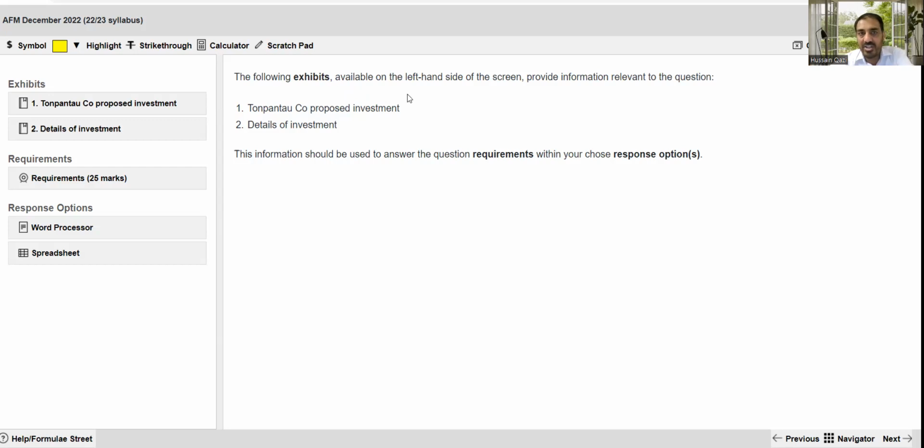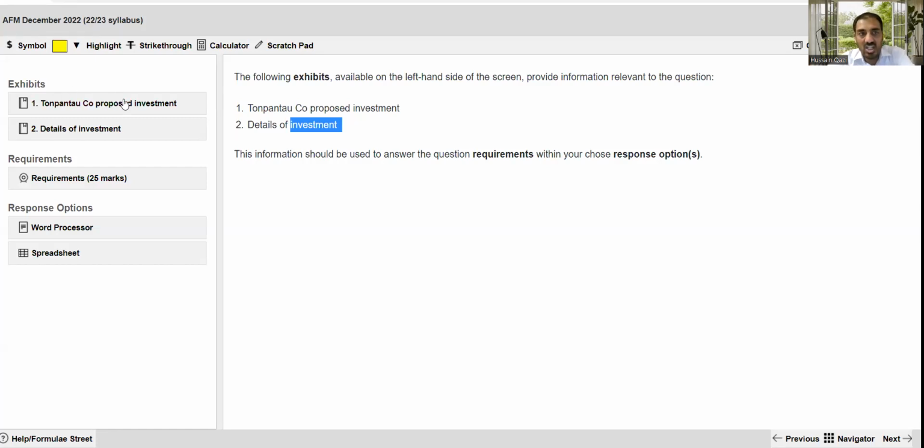The following exhibits available on the left hand side of the screen provide information relevant to the question. Number one, Tonpantau company proposed investment, and detail of investment. This information should be used to answer the question requirement with your response options.